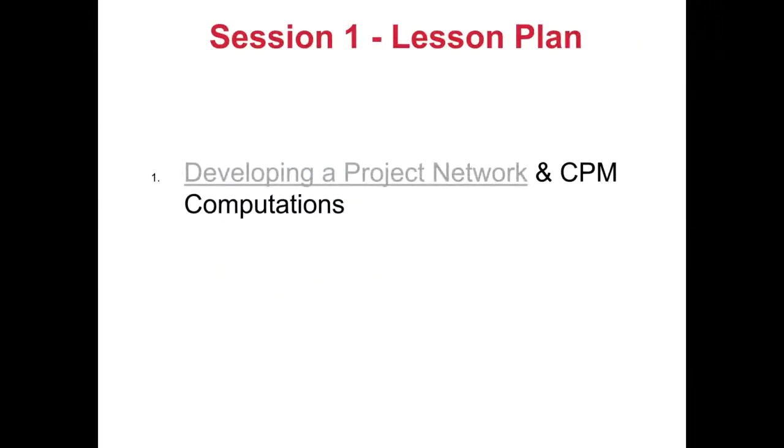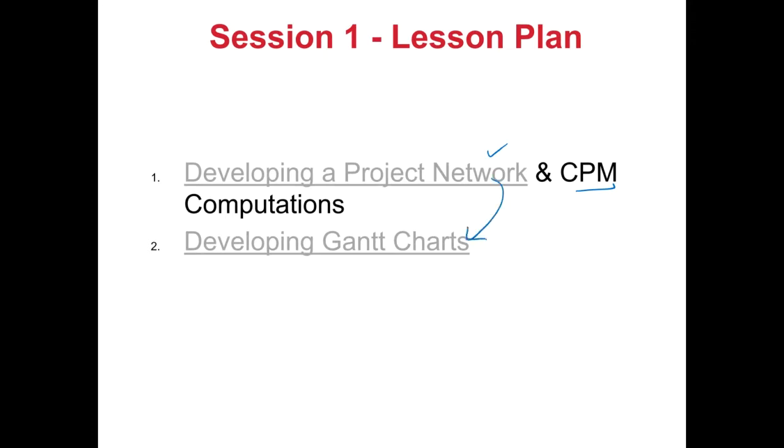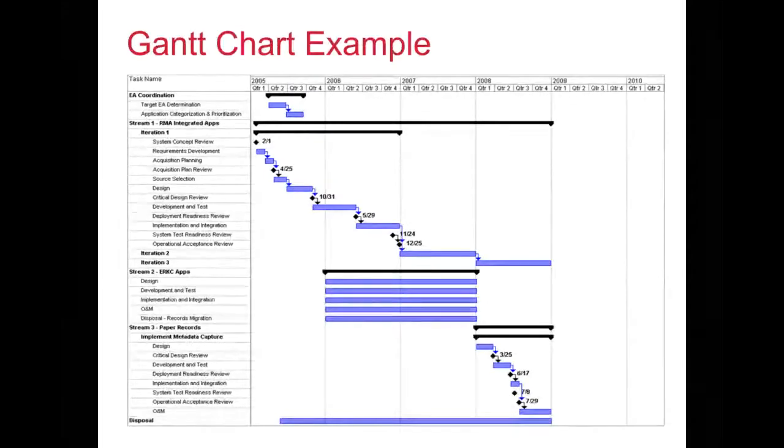Right. So far we have learned how to draw project networks and do some CPM computations. The next thing is to see how we transfer this information into a bar chart or a Gantt chart. Very often we would see an output produced from software indicating the project bar chart.